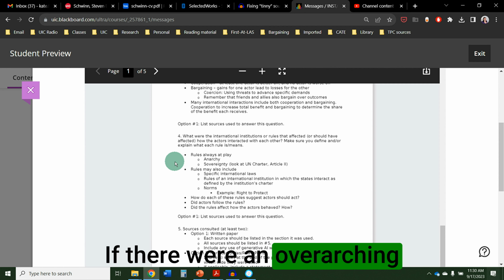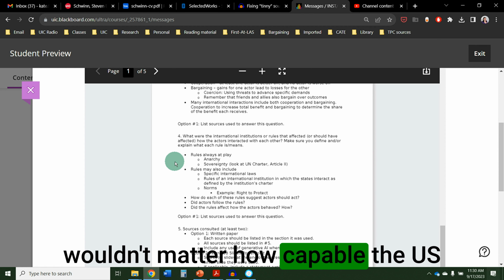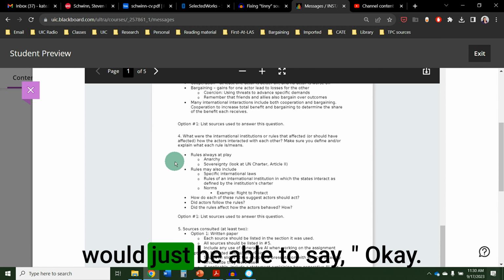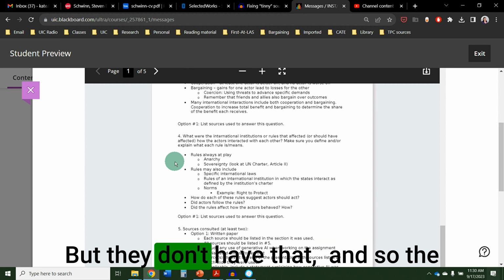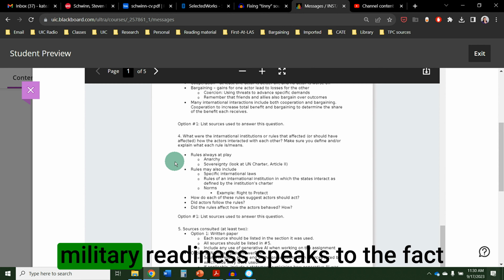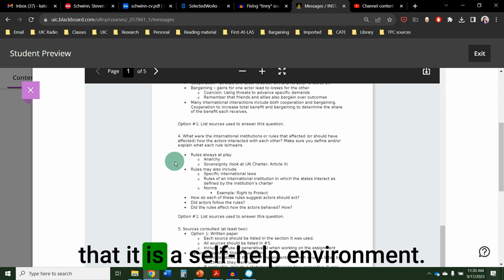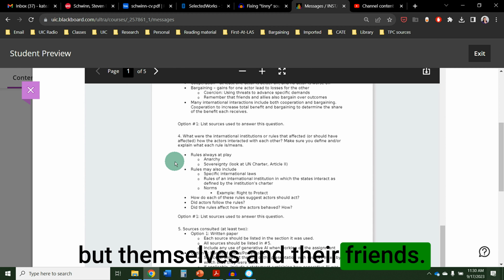If there were an overarching government with the ability to make and enforce rules, then it wouldn't matter how capable the US and South Korean navies would be at working together, because they would just be able to say, okay, we'll call the global police to sort this out if we're threatened. But they don't have that. And so the very fact that they're cooperating on military readiness speaks to the fact that it is a self-help environment. They have no one else to turn to but themselves and their friends.